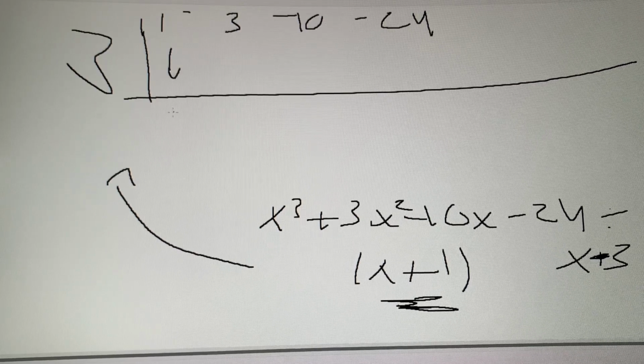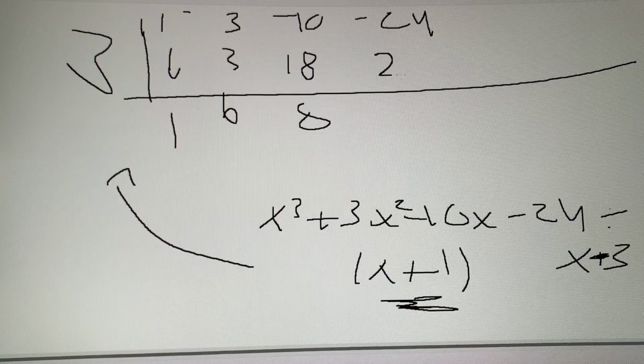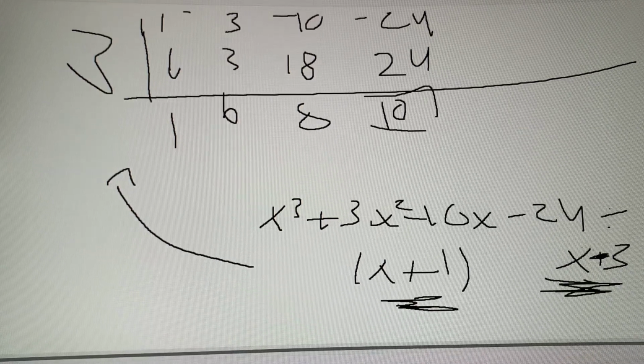Bring down your 1. 1 times 3 is just 3. 3 plus 3 is 6. 6 times 3 is 18. 18 plus negative 10 is 8. 8 times 3 is going to be 24. As you can see, we have a 0 remainder, meaning that x minus 3 is also a factor of our larger polynomial.